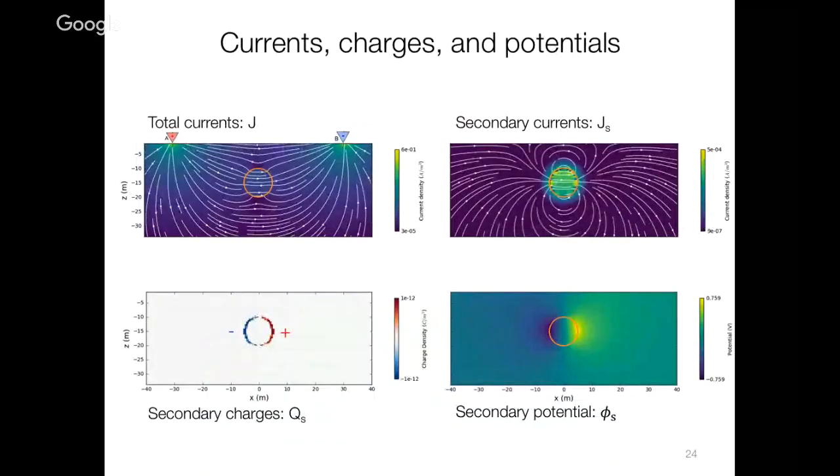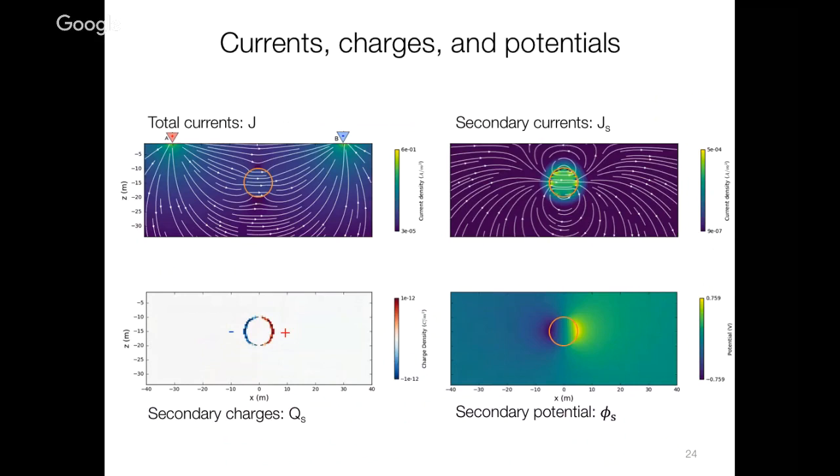Let's look at this. So here we've got our cross section. Now we're going to put in a conductive cylinder. And here are the currents. So you can see they're doing what I expect, like this, and they're getting sucked in here, and then they're going out. So given that, charges are built up like this.